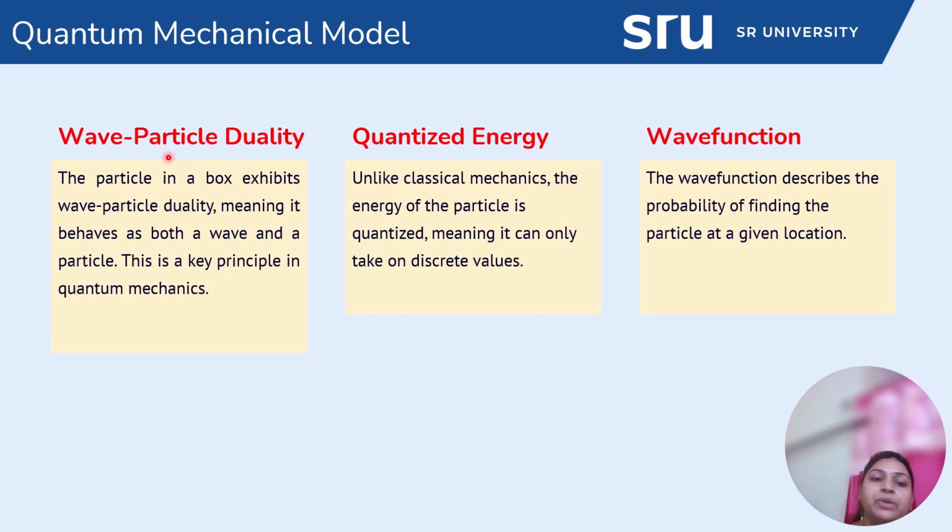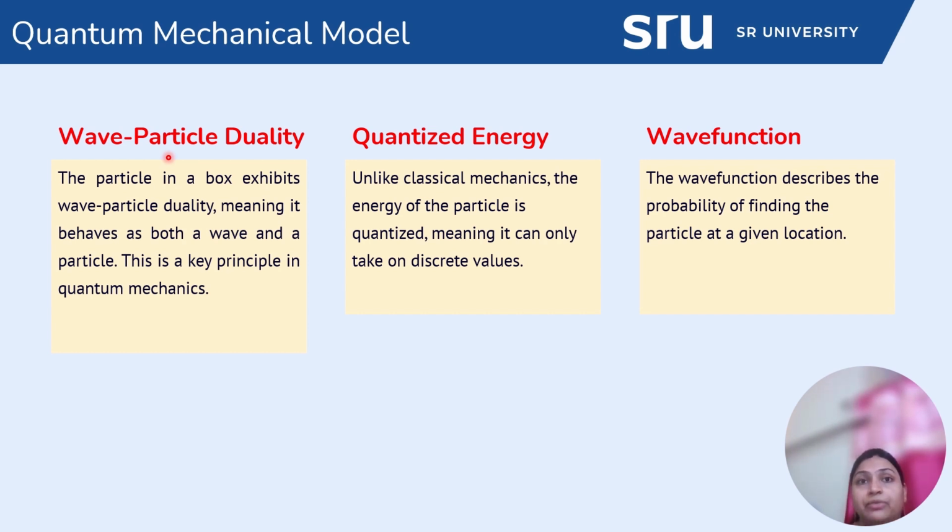If we go back to the historical context, in 1801 the Thomas Young double slit experiment first showed that light behaves like a wave. Later in 1905 Einstein explained the photoelectric effect, showing that light behaves like a particle, or photon. There we can find that a photon is nothing but a quantum of light.